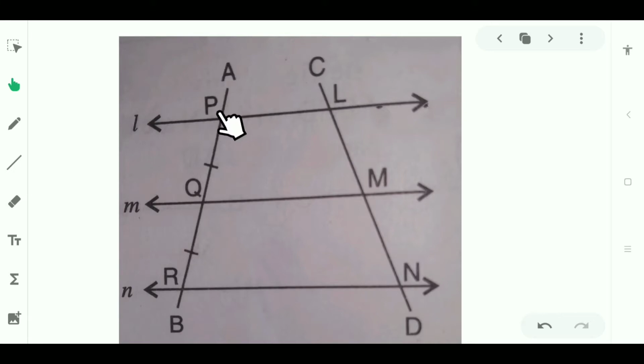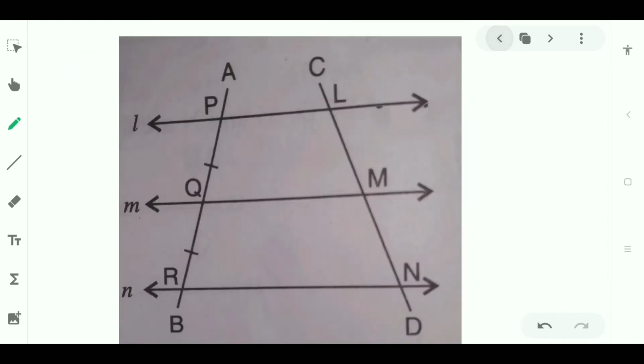Here we have some points P, Q, R, and another line is also passing through these parallel lines, and we have to prove that LM is equal to MN. That is, line CD also makes equal intercepts. So let us see how to prove it.